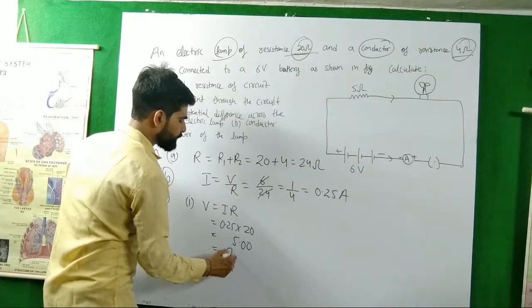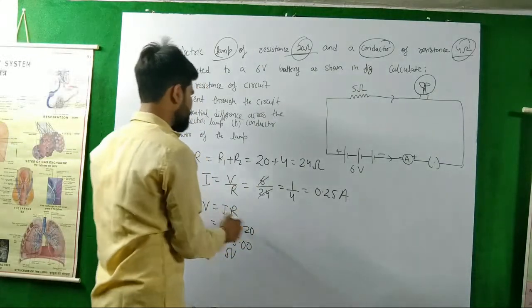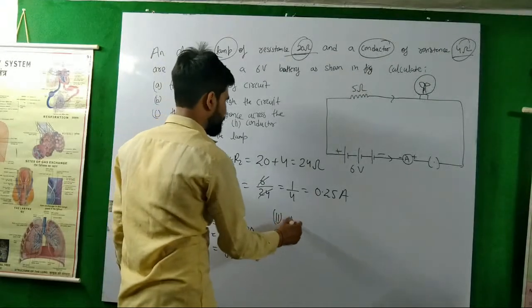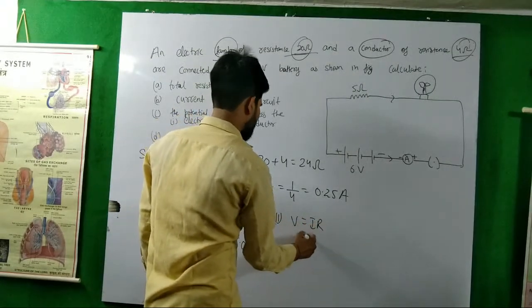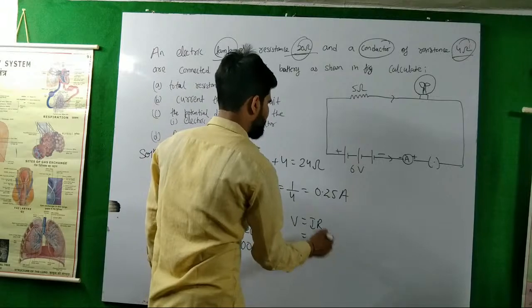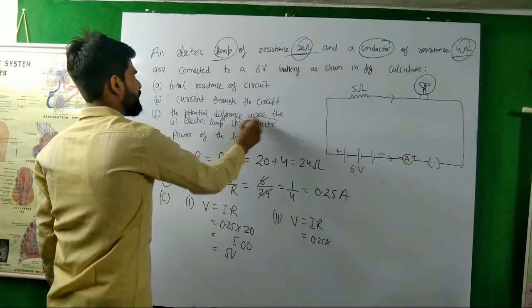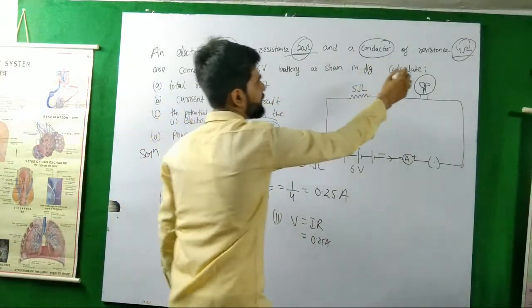The answer of the first is 5 volt. And for the second, V is equal to IR. This is 0.25, and the resistance for the conductor is 4 ohm.